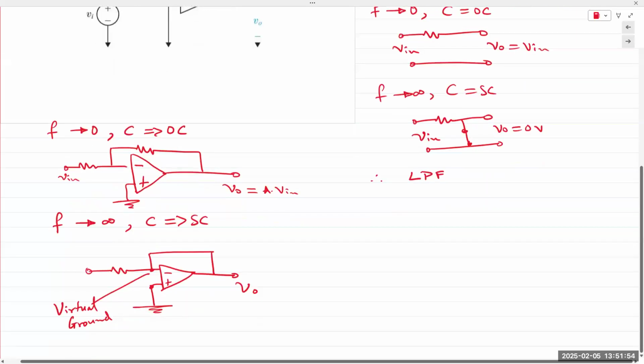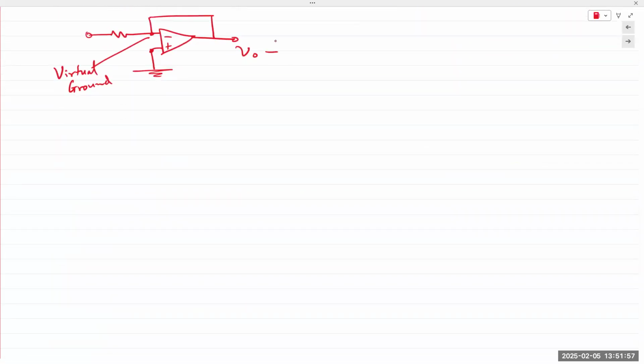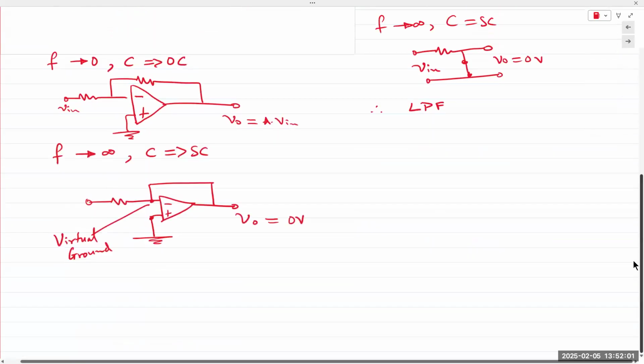And because it's at virtual ground, our V out is also 0 volts. V out is forced to go to 0. So the capacitor provides a feedback pathway for the output to go towards 0 volts.